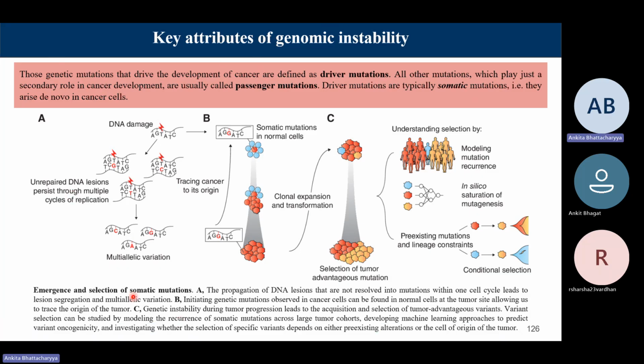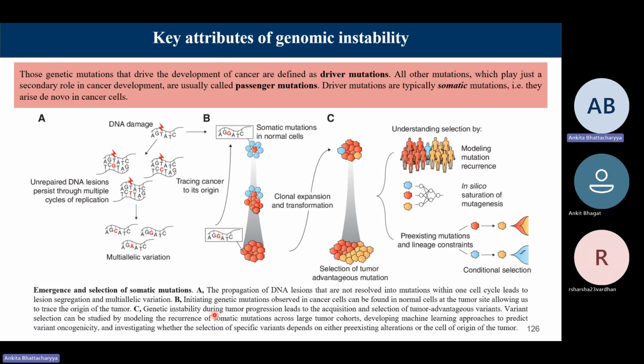Now, this is showing you the emergence and selection of somatic mutations, how exactly they're eventually developing. So the first panel is showing you DNA lesions that are generated over time, and that is most commonly due to multiple cycles of very unchecked proliferation or very rapid cell division, as a result of which, during the process of DNA duplication and the process of segregation between the two cells, a lot of things go wrong.